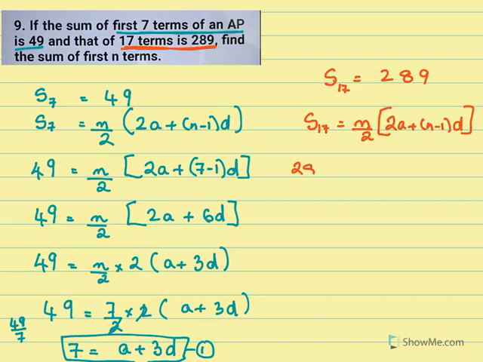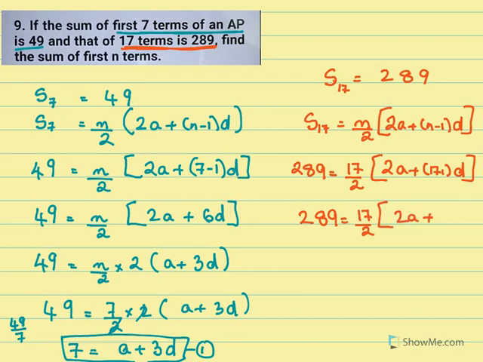So S17 is 289. 289 equal to 17 by 2 because there are 17 terms. So we have 2a plus 17 minus 1 d. So 289 equal to 17 by 2, 2a plus 16d.